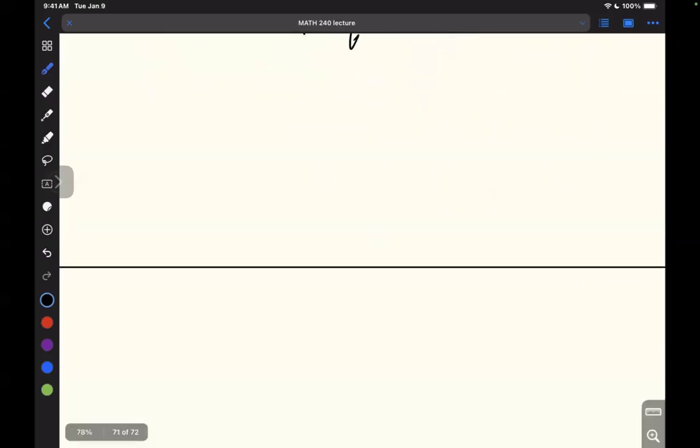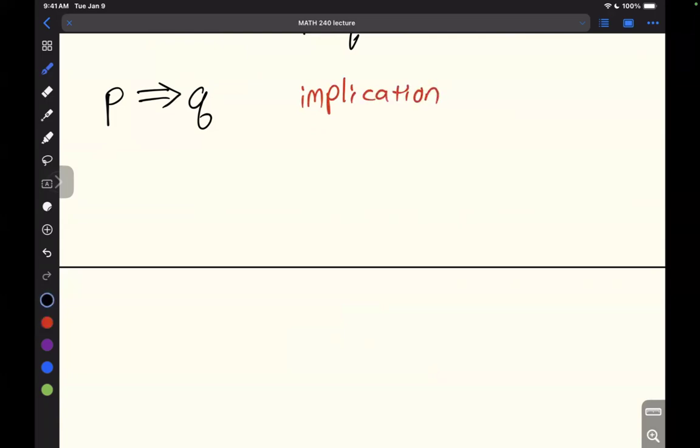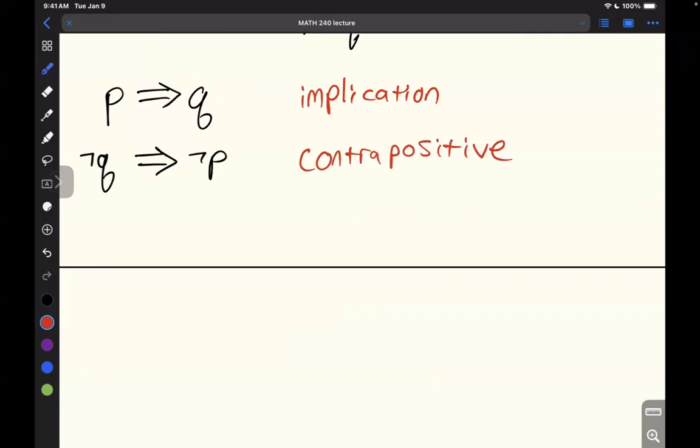Okay, so some words. Let's say we have something in the form of P implies Q. This is what we call an implication. If we've got something in the form of not Q implies not P, this is, as we just discussed, the contrapositive.